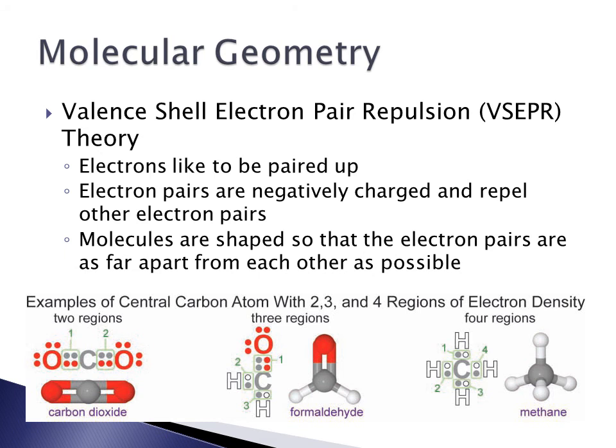And then finally we have 4 bonds. This is methane, and you'll notice that each bond is as far away from each other as possible, and that's what causes that tetrahedral shape. Notice it's not a square, because a square would be flat in one plane. Here we can actually get those electrons farther away from each other if it turns into a 3D shape.